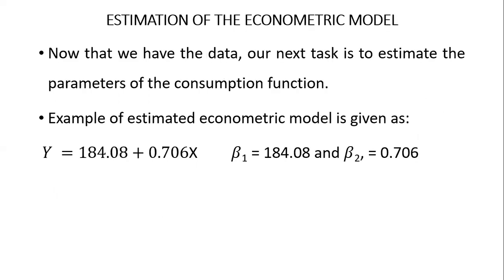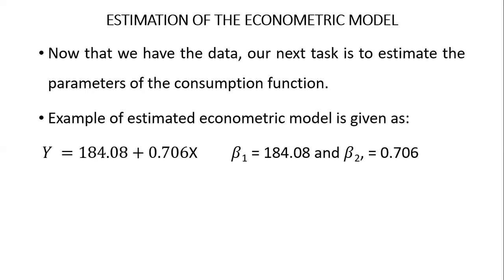So step 5 is the estimation of the econometric model. When we have data, we can now apply appropriate econometric methods in order to estimate the intercept and the slope, that is beta 1 and beta 2.